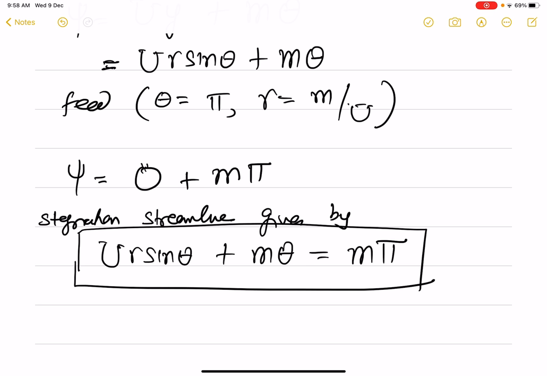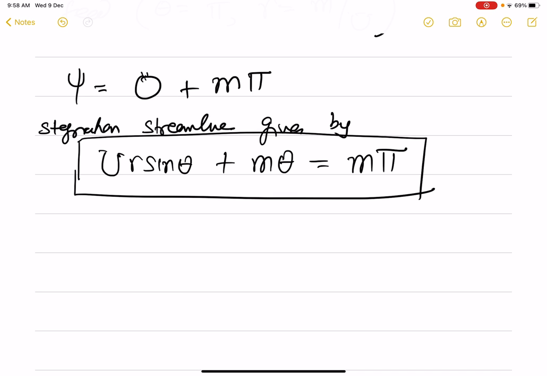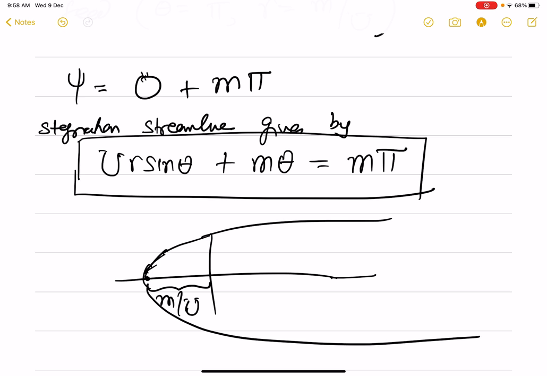Now let us see how the streamline looks, and you can do a plot. For you it's very easy. You can even take an Excel sheet and plot different values of theta and different values of r, and what you will find is obviously this point where r is equal to m by u. It has to pass through this point, and the stagnation streamline looks like this.